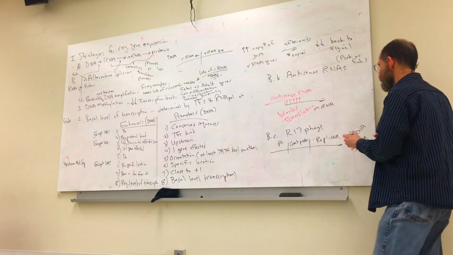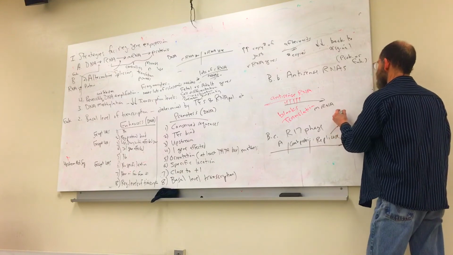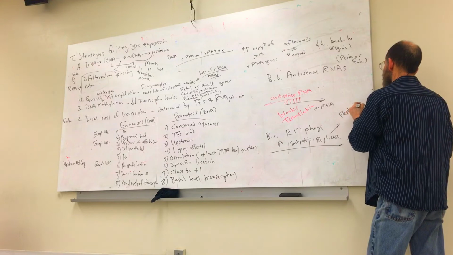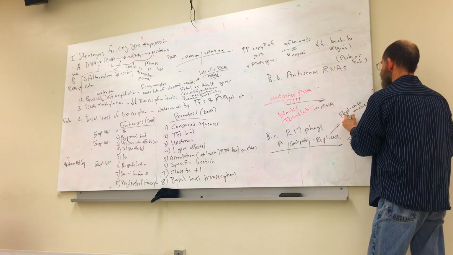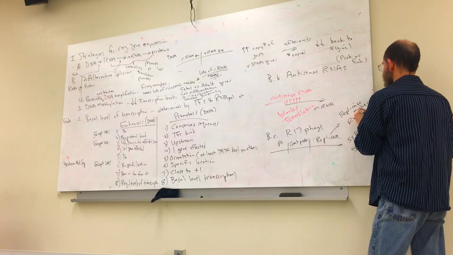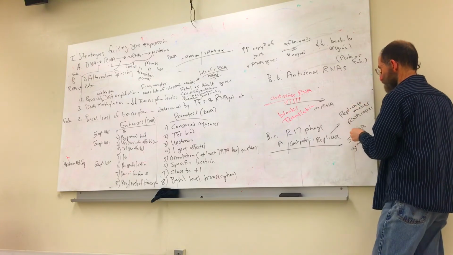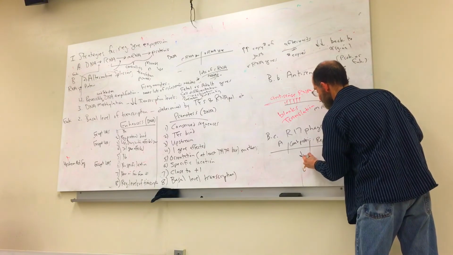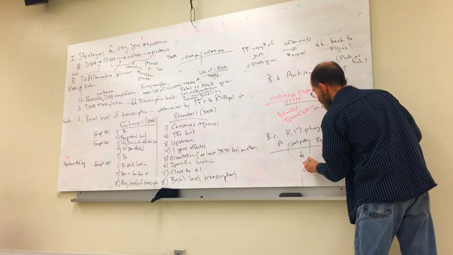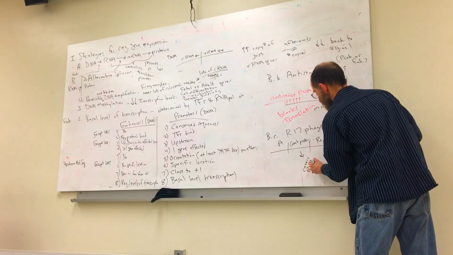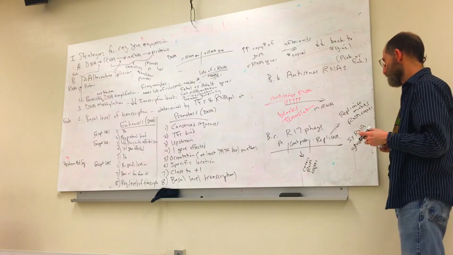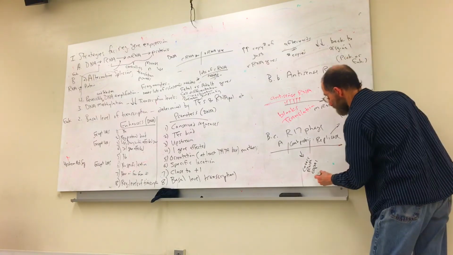So replicase is an enzyme that makes RNA copies. So it copies the genome or the genetic material. Coat protein covers RNA copies. It becomes the protein coat for the phage. So you need a lot more of this.